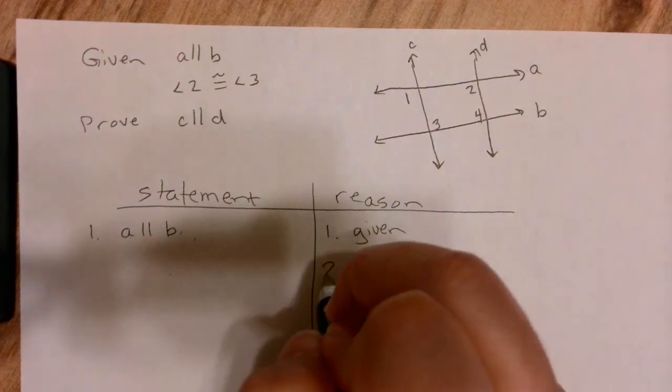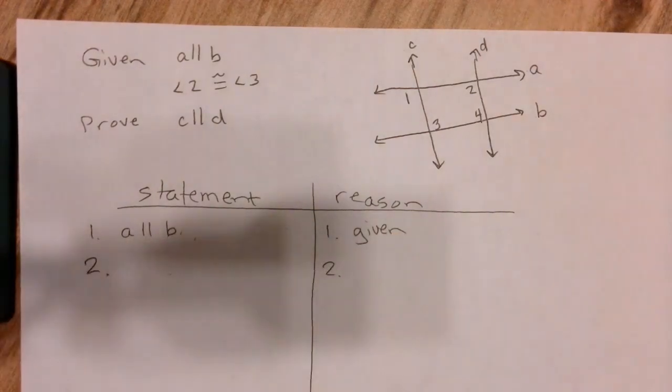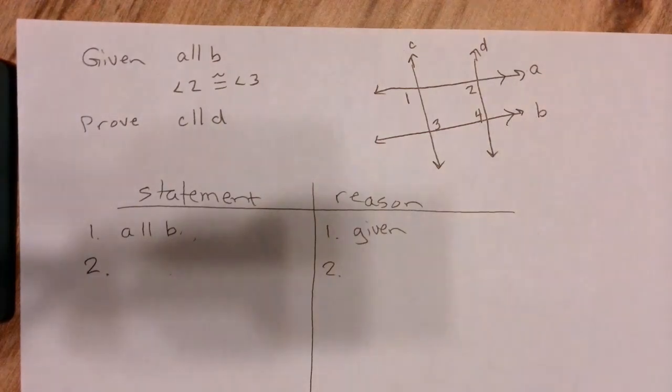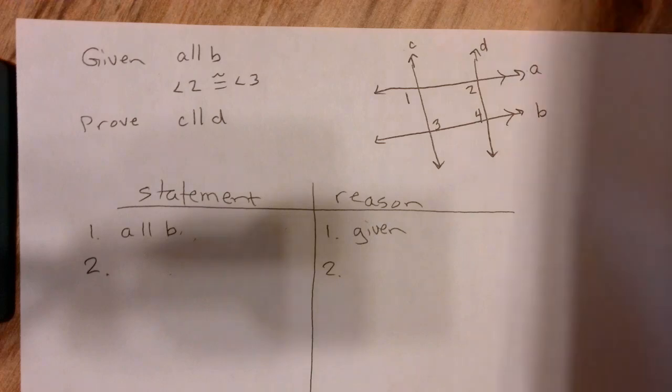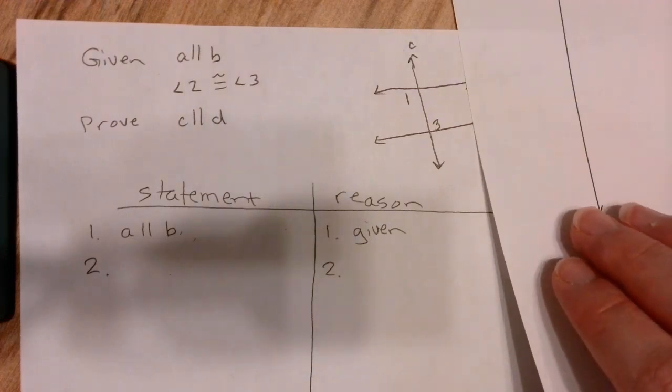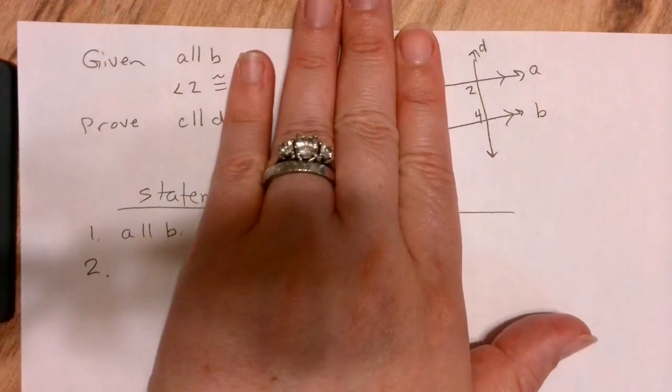So, second line. A is parallel to B. What does that mean? We know A and B are parallel. We're told that. So here we have 2 lines and a transversal.